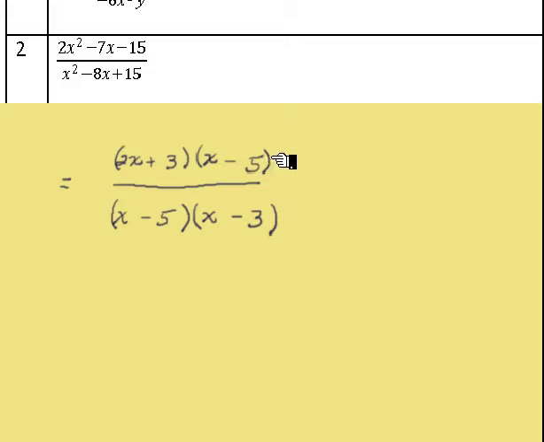Now notice we have a common factor in the numerator and denominator of x minus 5. So we'll divide top and bottom by x minus 5, or basically just cross off those common factors. And this rational expression reduces to 2x plus 3 divided by x minus 3.